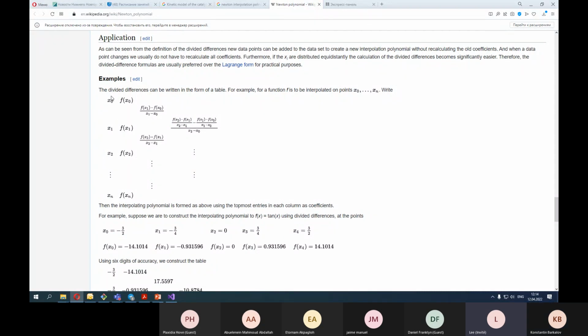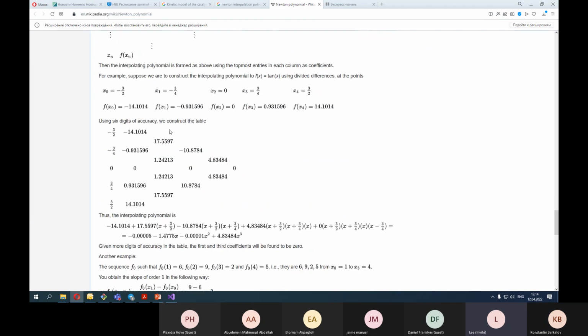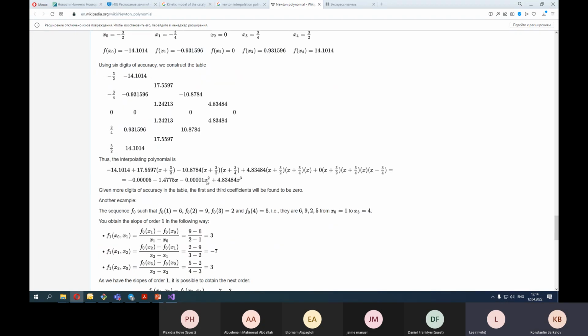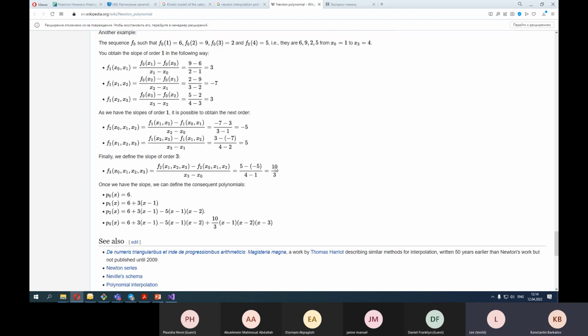The first column is x's, the next column is function values, then the column of the first divided differences, then the column of second divided differences, and so on. And the example where you may see the same triangle with the values of divided differences, and the interpolating polynomial that can be written using these obtained divided differences.